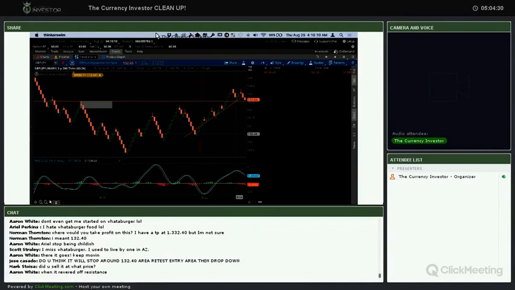Yeah, the area with reverse of resistance. If we can get price down here, it's really good.